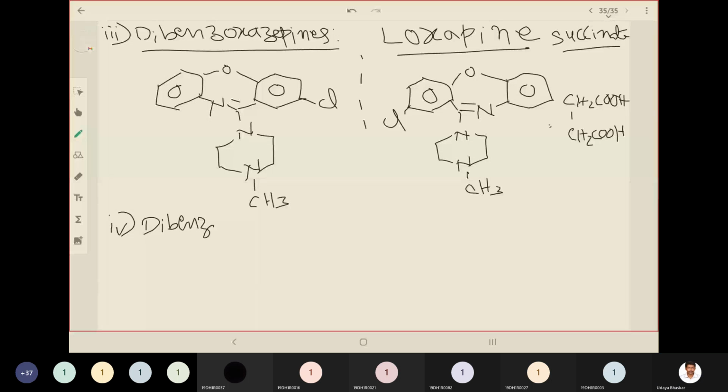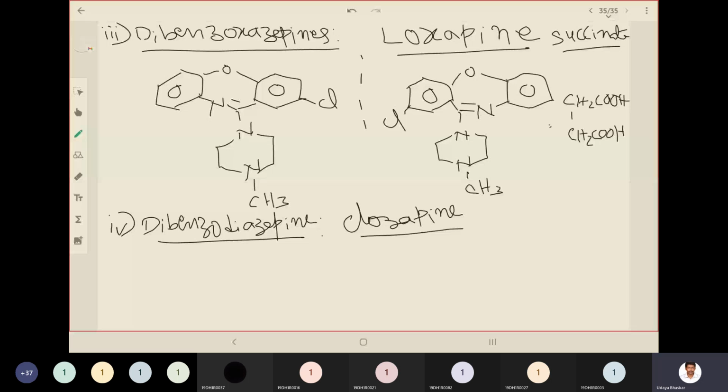Seven-membered rings. We are coming across seven. Okay, the example we have is clozapine. Okay, so diazepine, you know. So benzodiazepines, if you fuse one more benzene ring on the other side, is the dibenzodiazepine. So the whole structure looks similar to that of loxapine, but the difference is that you only have the dibenzodiazepine ring instead of the dibenzoxazepine ring.